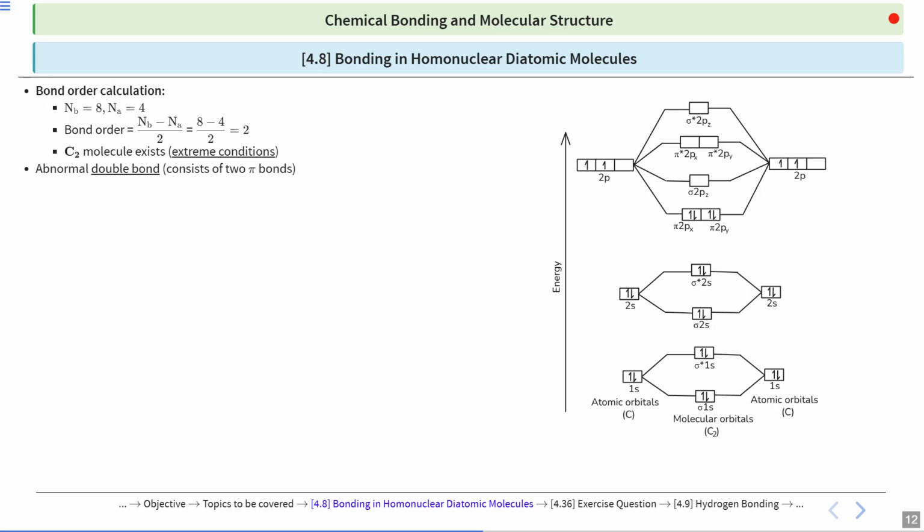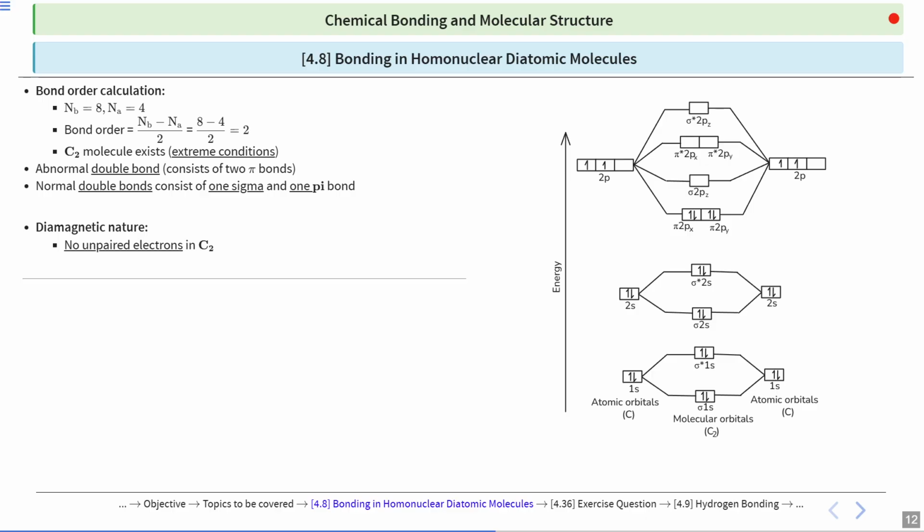It will exist in extreme condition because of its absence of sigma bond. And second thing, both of the bonds will be pi bonding. But according to the normal double bond, it should have a sigma bond and a pi bond, which is not seen. Now coming on to the diamagnetic nature, because it has no unpaired electron, so it will be diamagnetic in nature.